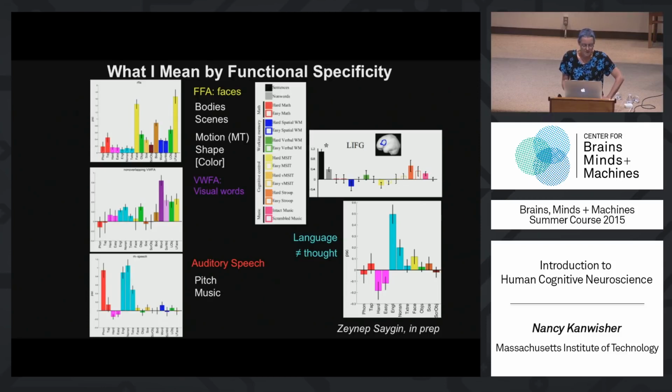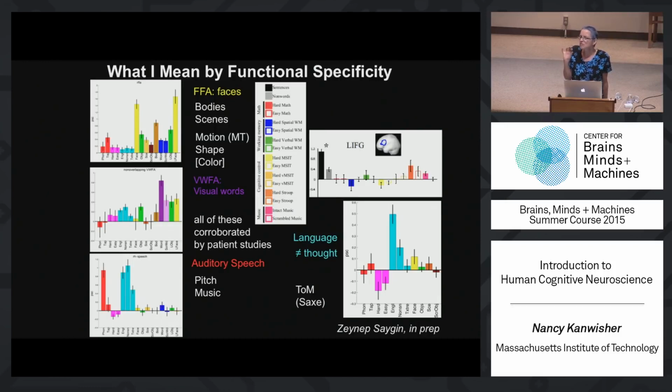Things I mentioned before in my brief introduction, regions that are specifically involved in processing pitch information and music information. And as you'll hear next week from Rebecca Saxe, theory of mind or thinking about other people's thoughts. And so there's quite a litany of mental functions that have brain regions that are quite specifically engaged in that mental function.